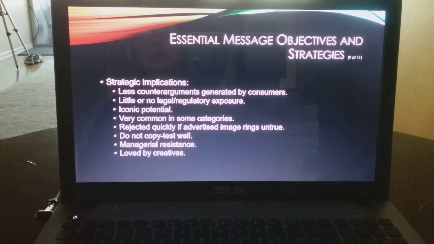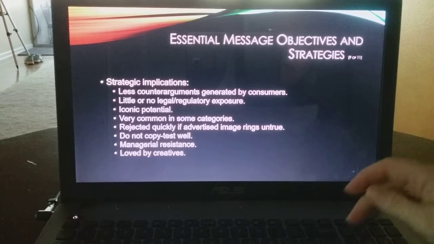And again, there are also pros and cons of having a brand image. Sometimes people don't really respond to it well, but you do have this opportunity to really create a long-lived and iconic message that people will remember.